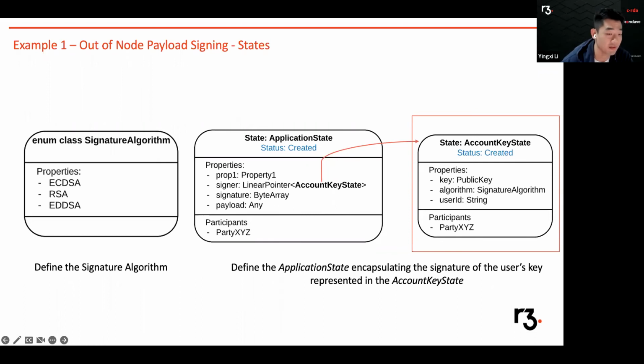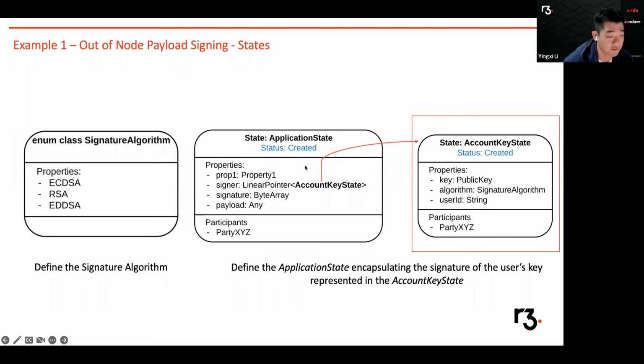The next step is the creation of the application state in the contract. Well, okay, first is in the flow. In the flow, it asks for a key from the flow parameters, and then you need to enter that key.